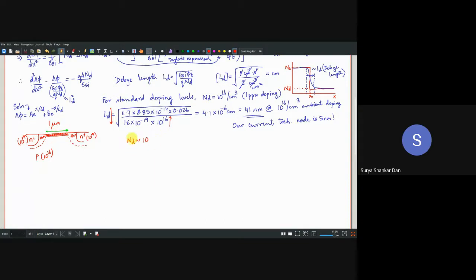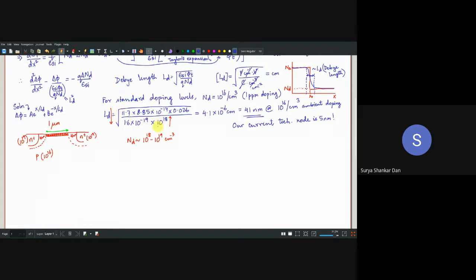Okay, so if it is ND for 7 nanometer, 5 nanometer, these kinds of nanoscale electronic devices, that essentially varies between 10 power 18 to 10 power 19 per centimeter cube. Okay? So at this order, what is the situation here? This is 10 power 16, right? If I simply replace this 10 power 16 by 10 power 18, what is going to happen?